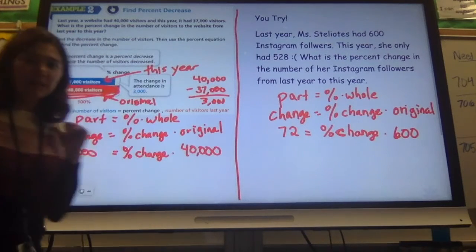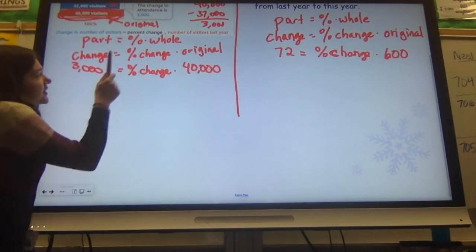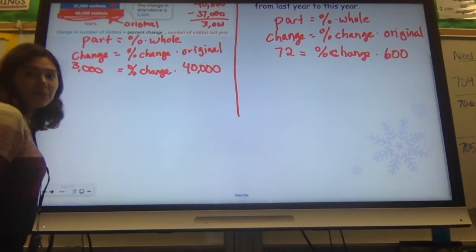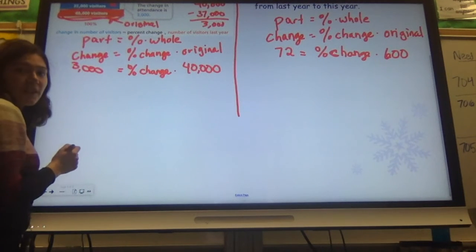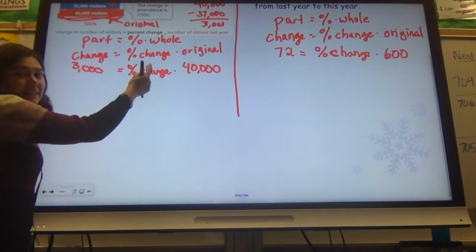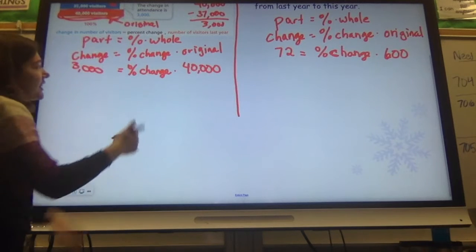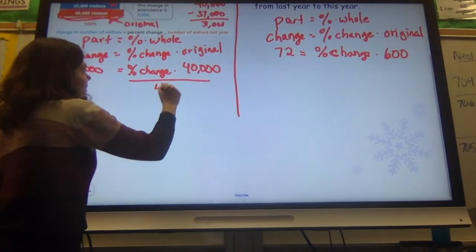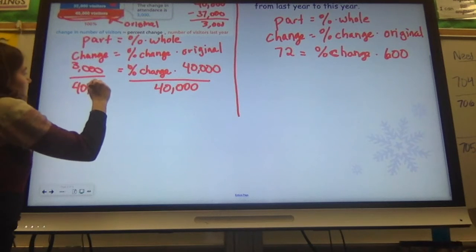All right, now I'm going to flip back to my example. So now we have our equation. We need to solve it. So 3,000 equals my percent change times 40,000. So to find my percent change, since this is what I'm trying to find, and I know currently my percent change gets multiplied by 40,000, I need to undo it, I need to divide. So I'm going to divide by 40,000, divide by 40,000.